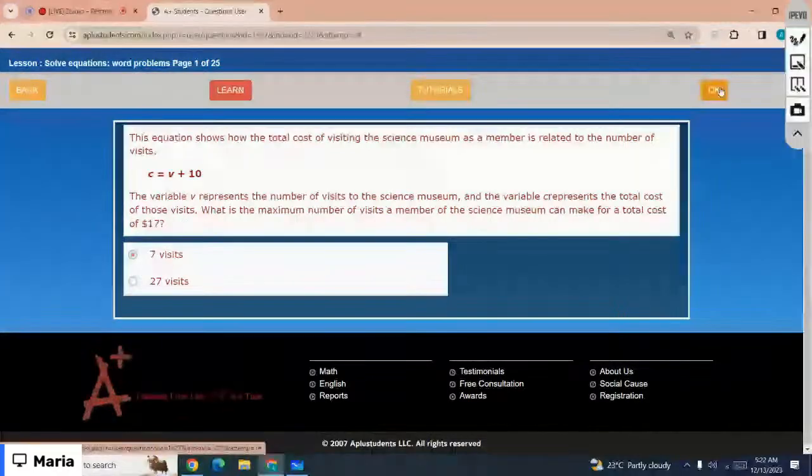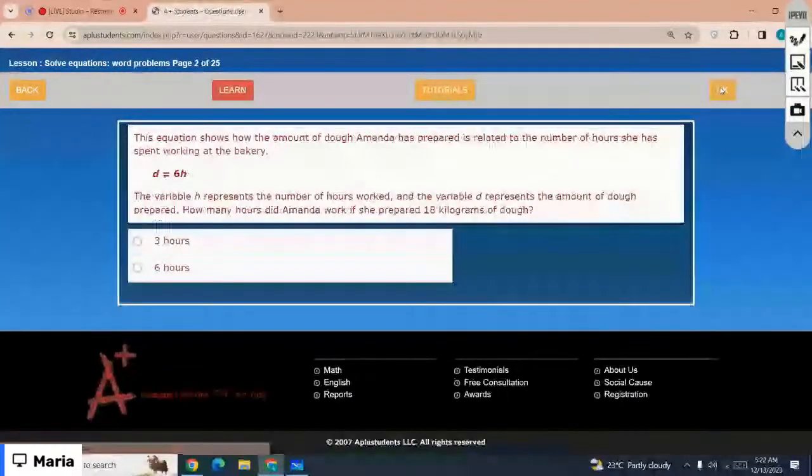Okay, the next one is, this equation shows how the amount of dough Amanda has prepared is related to the number of hours she spent working at the bakery.